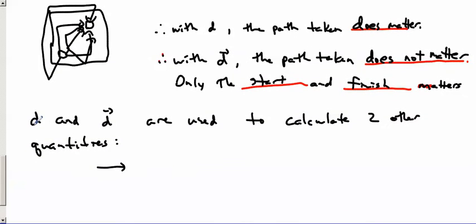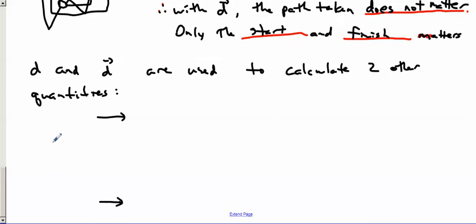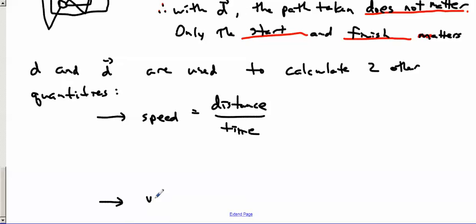Okay? Distance and displacement, they're used to calculate two other quantities. Speed is distance over time, and its close cousin is velocity, which is displacement over time.